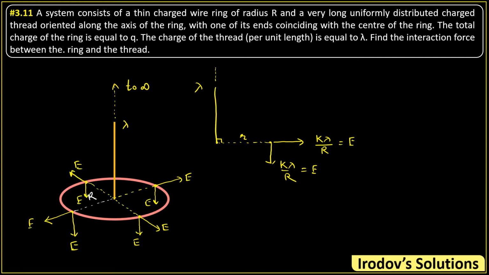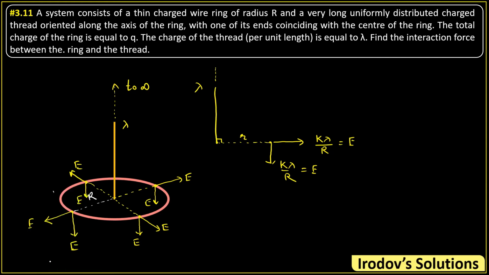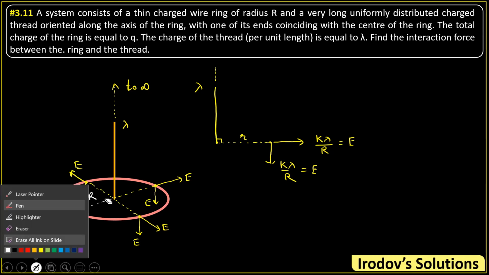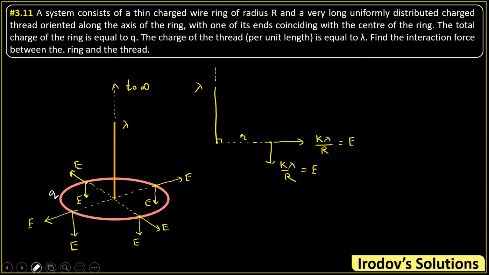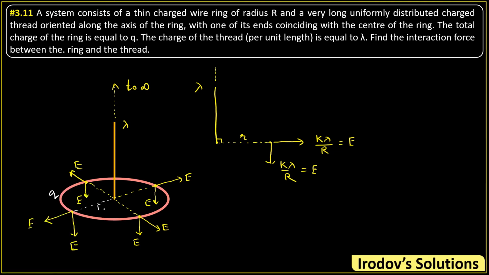And let me show just Q here. So what you can see is that this ring has a total charge Q, and you can divide that total charge into tiny charges dq. On the diametrically opposite points, these electric fields and the forces dq E will cancel.